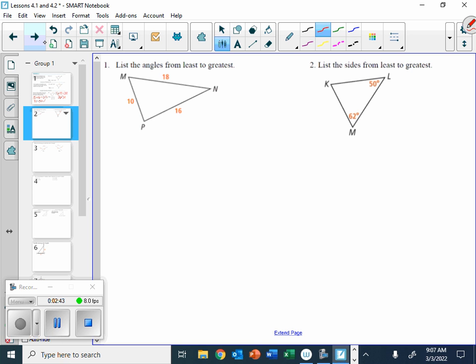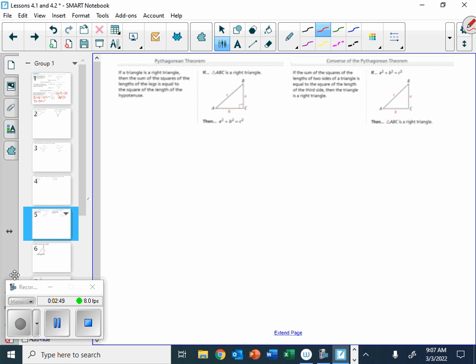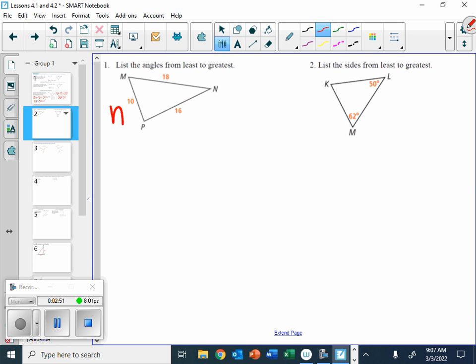So this side right here is opposite angle N, so it's going to be named lowercase n. That means this side PN, what is that going to be named using one lowercase letter? M. Good. Lowercase m. And then obviously this one must be P.